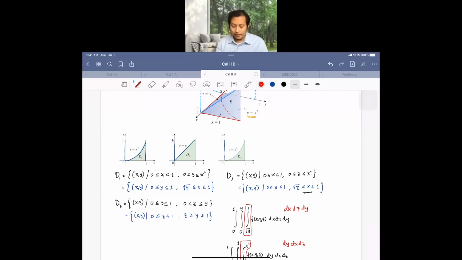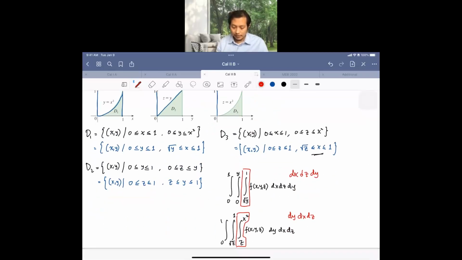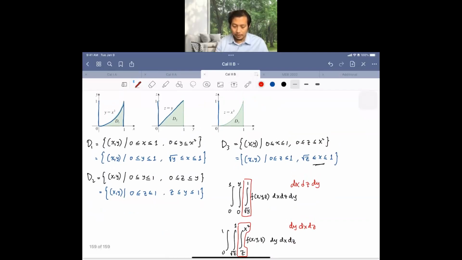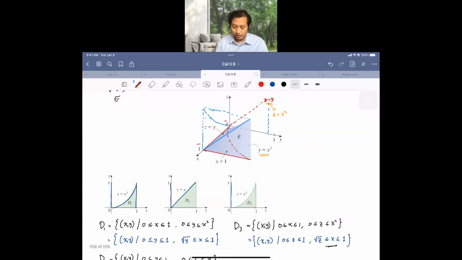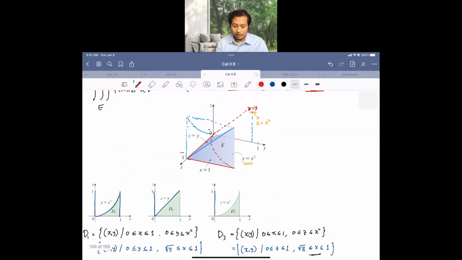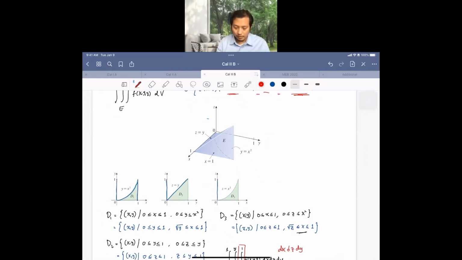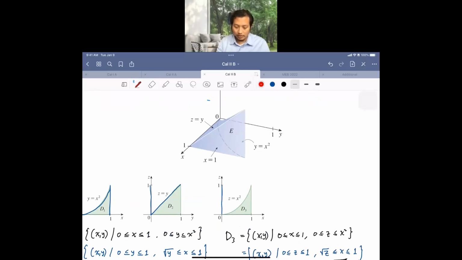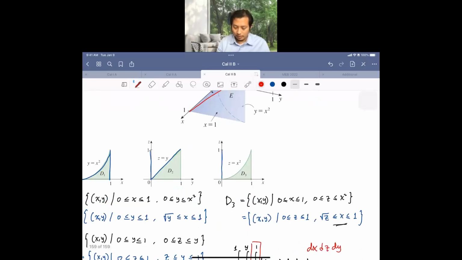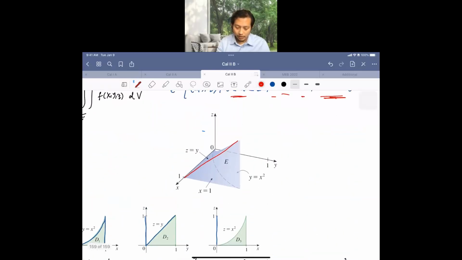So if we could imagine, let's say, the z and x squared for y. So y is from z. I erase first to make it clear. So y equals z is on the side here, and then y equals x squared is actually here.